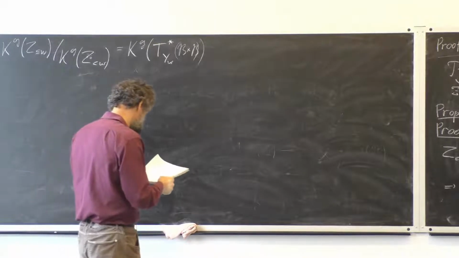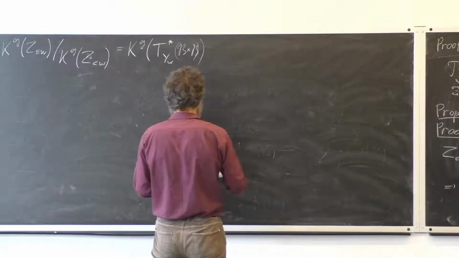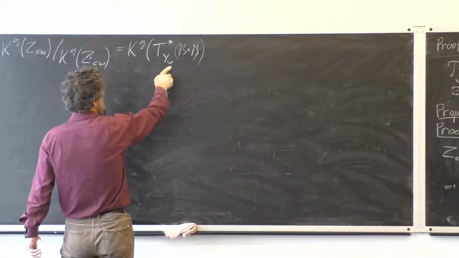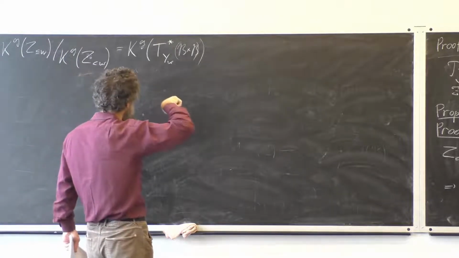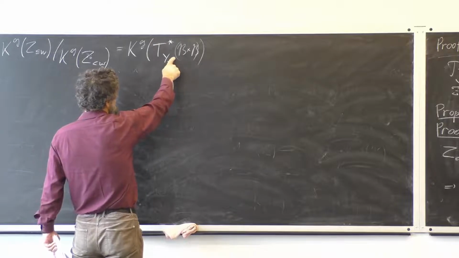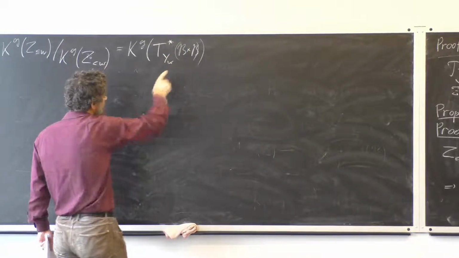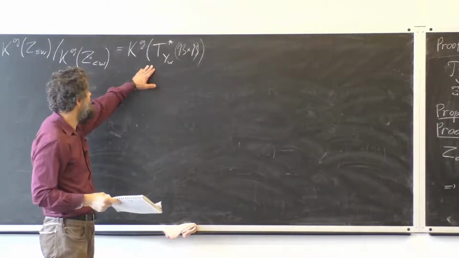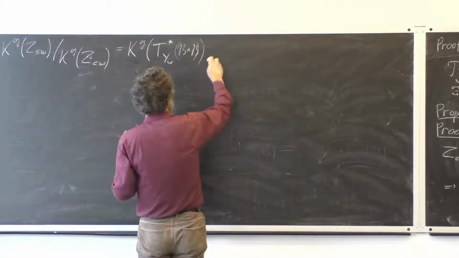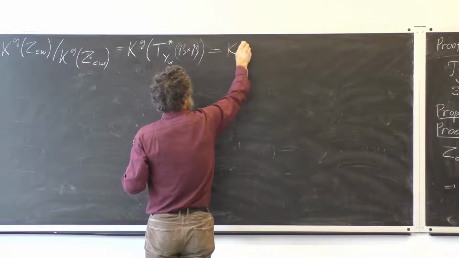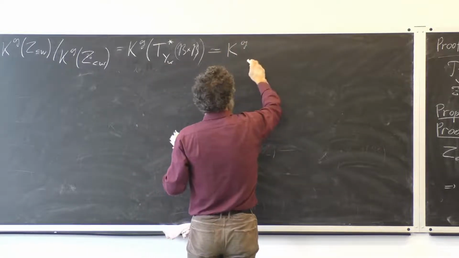Okay. And now this conormal bundle is a vector bundle. So this K theory is isomorphic to the K theory of this orbit itself.